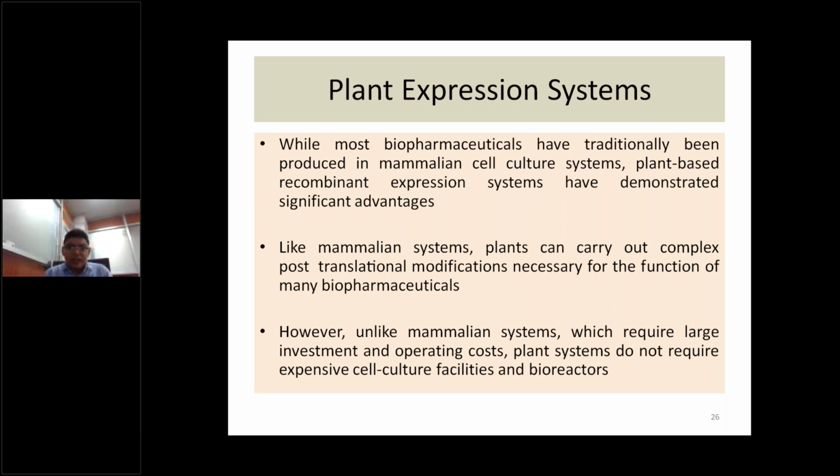So plants stand equal with the mammalian systems when we talk about post-translational modifications. And unlike mammalian systems, which require large investment and operating costs, these systems do not require that much expensive cell culture facilities and bioreactors, because you can grow it, you can send the gene inside a plant cell, and that plant will be the producer of your biosimilar.